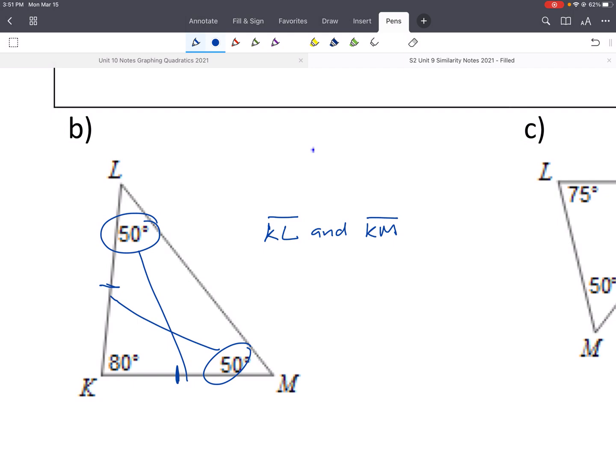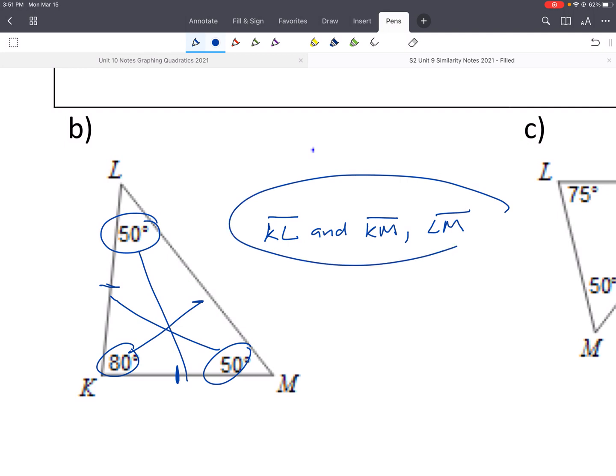So you could use like and, or you could do like an equal sign saying that they're congruent, which is probably what I would do. And then our largest would be opposite of the 80. So that's like the LM. Okay? I think this is how your answers will write those, like your answer key.